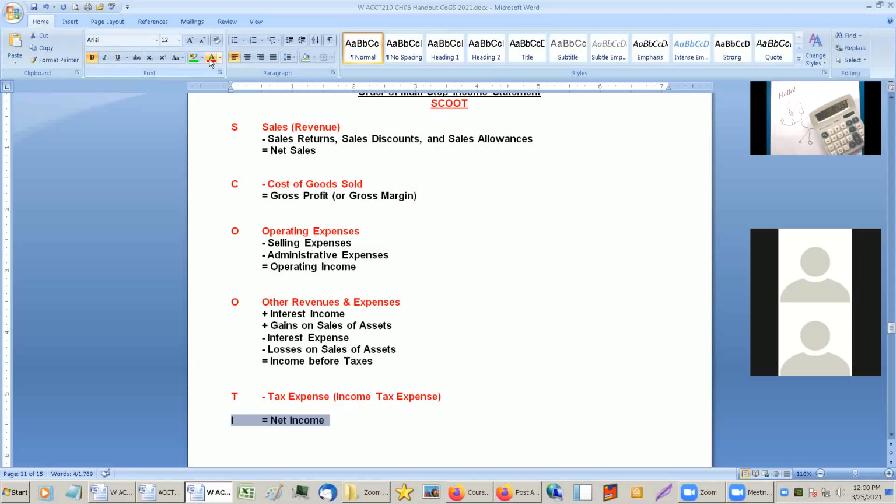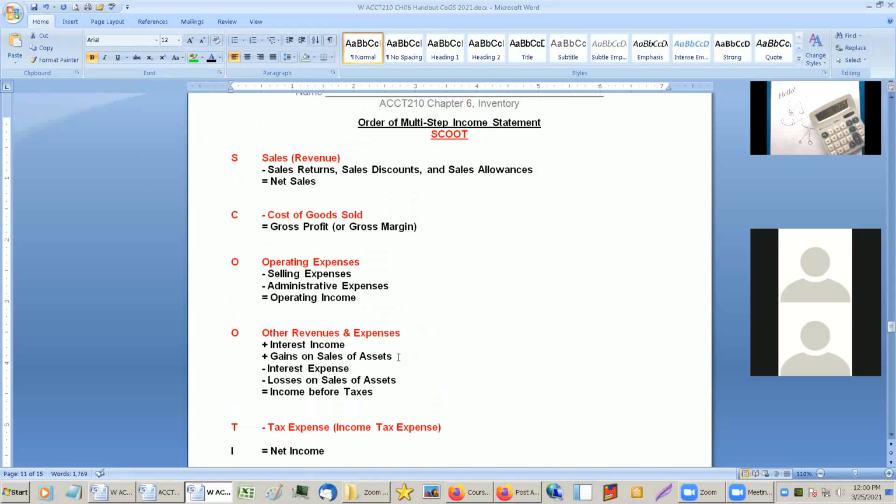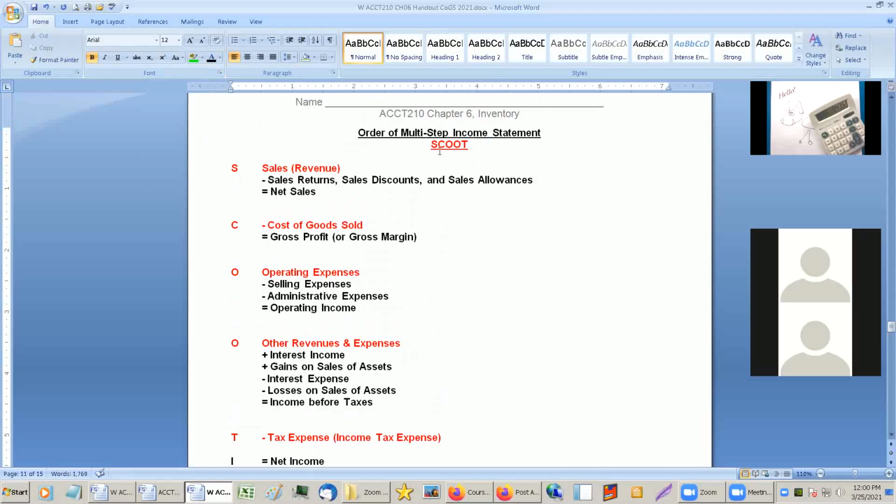If I put I at the end, it'd be Scooty for income. Yeah, that one doesn't fit in. So this is Scoot. This is how we remember the order of it.